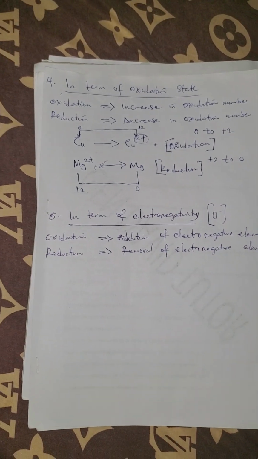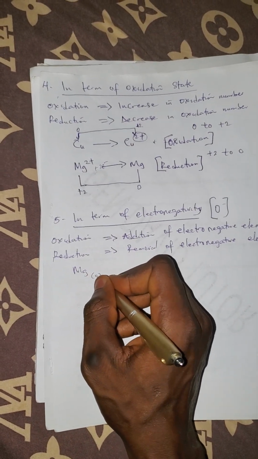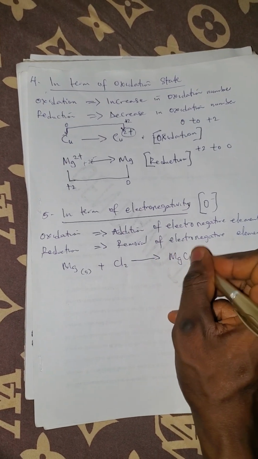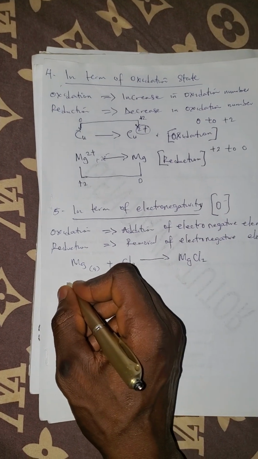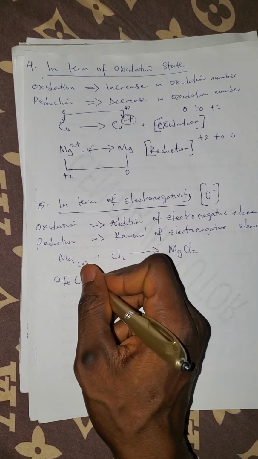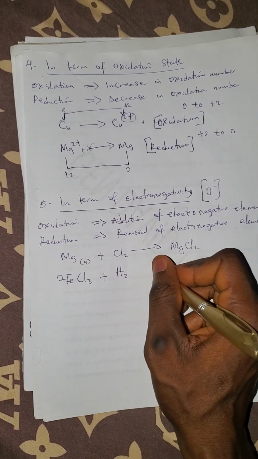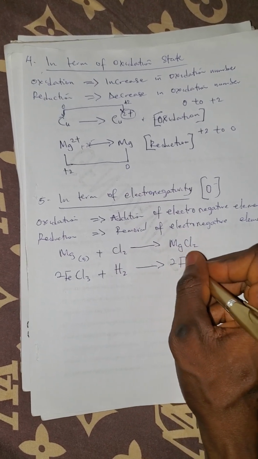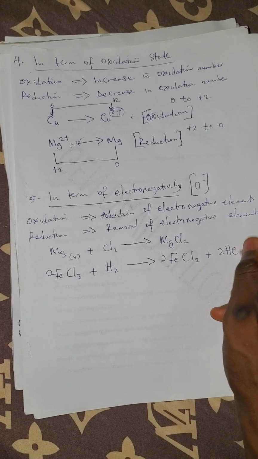That's the difference. Now, if we want to check, we can have something like Mg solid plus Cl2 to give us MgCl2. And you can have something like 2FeCl3 plus hydrogen to give us, let's say, 2FeCl2 plus 2HCl.